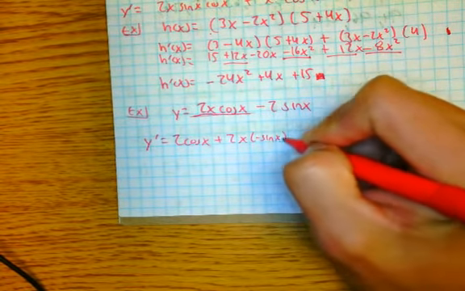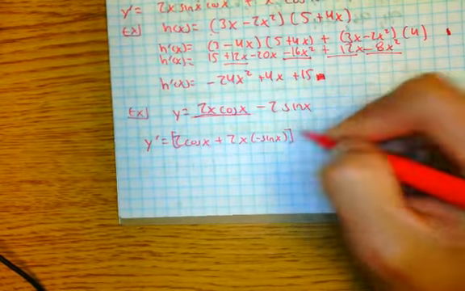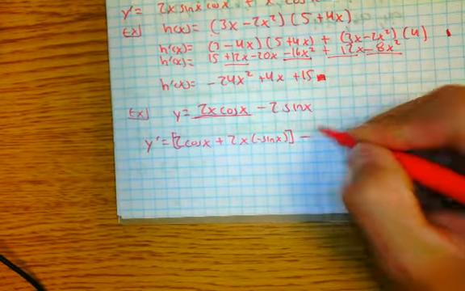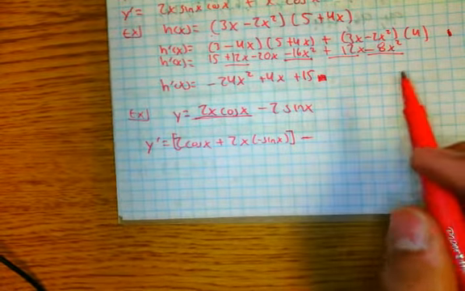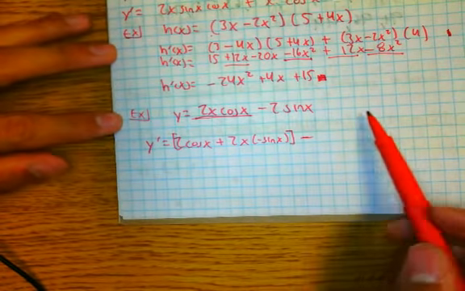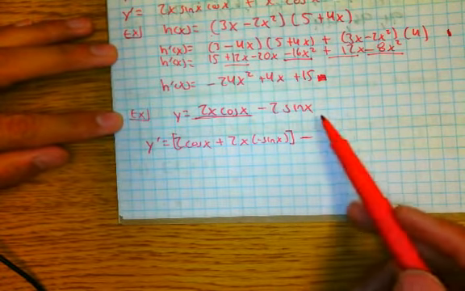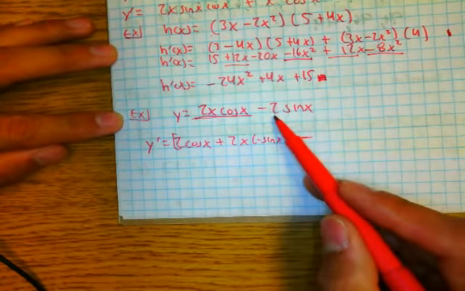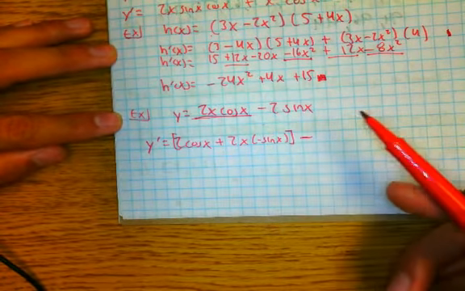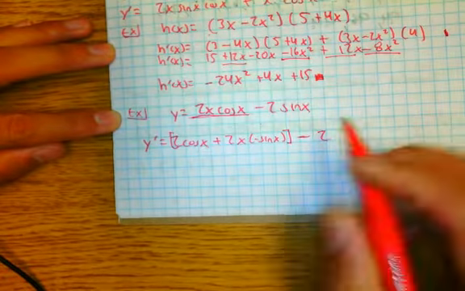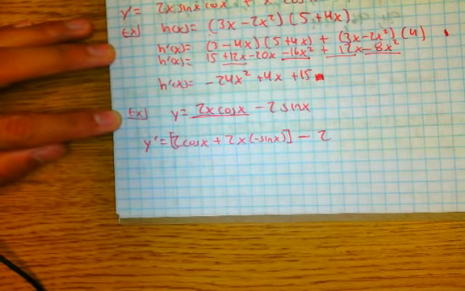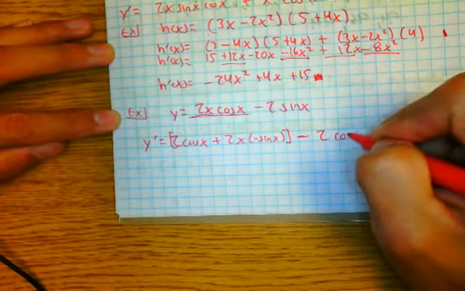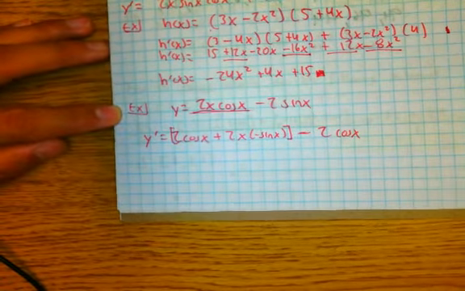Minus, I need to find the derivative of this. Now, notice that you don't really have to apply the product rule here. If you remember your rules from last class, if you have a constant in the front, you just leave the constant alone. And what's the derivative of sine? Cosine, right? And now from here, technically, you're done differentiating. Just simplify things out.